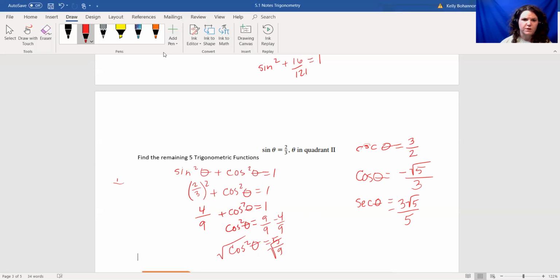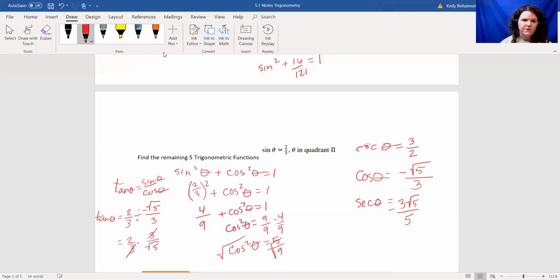Well, if you remember, tangent of theta is sine over cosine. So tangent of theta is going to be 2/3, that's sine, divided by cosine, which is negative square root 5/3. Keep, switch, flip. So 2/3 times 3/square root 5.